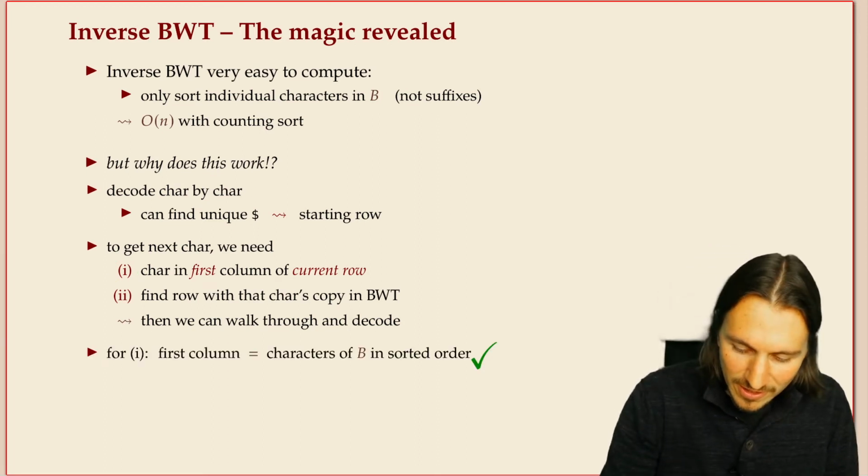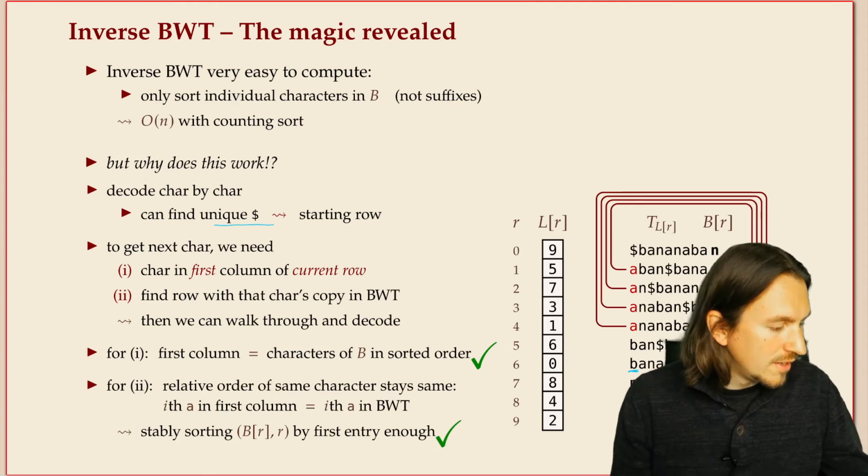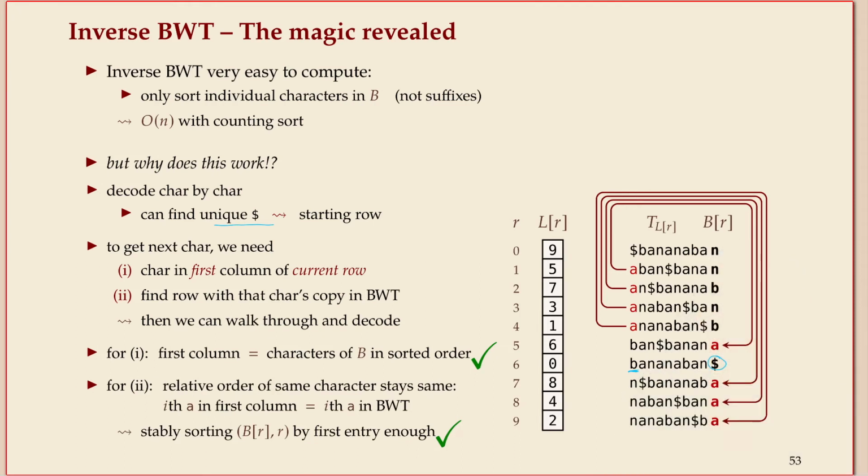Okay, so let me illustrate that again. Let's take orange for the second step, green for this step. We know where to start. The green thing says I have to jump to the first column, because I need to know what that character is so that I can output the B. And then the next step is I have to find this B on the right.